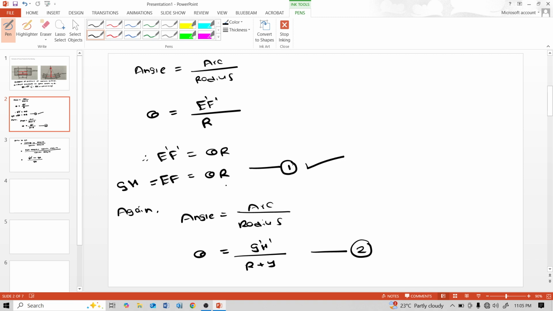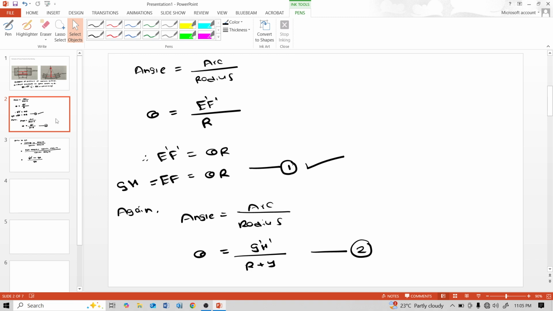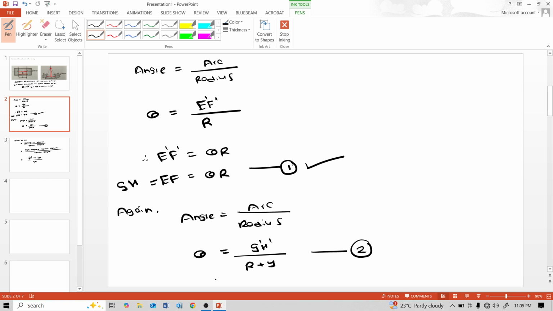And equation 2 is theta is equal to G'H' upon R plus y. That means G'H' is equal to theta in bracket R plus y. This is equation 2.